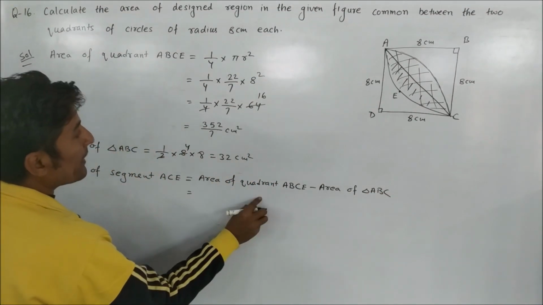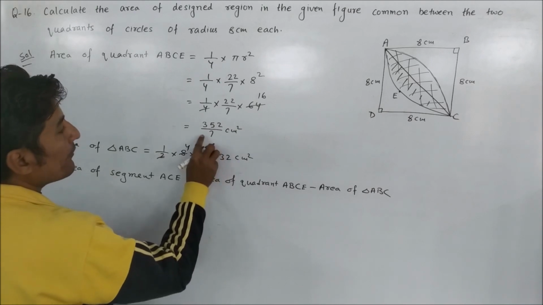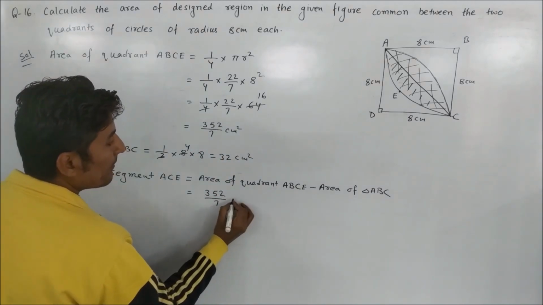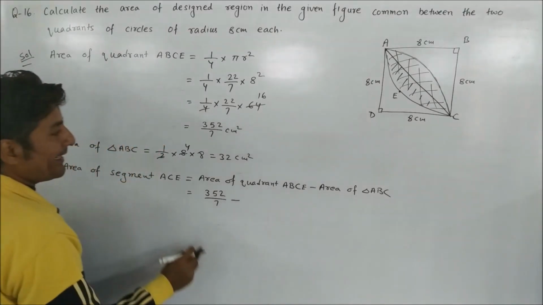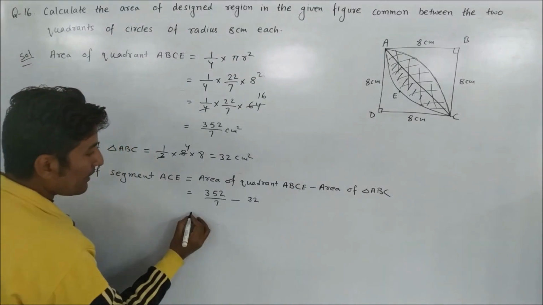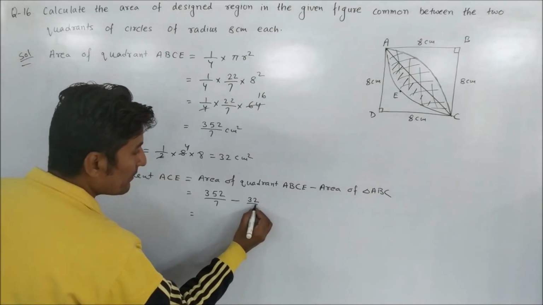So here area of quadrant ABCE we have calculated 352 upon 7 minus area of triangle ABC we have calculated 32. Now we can solve these two.